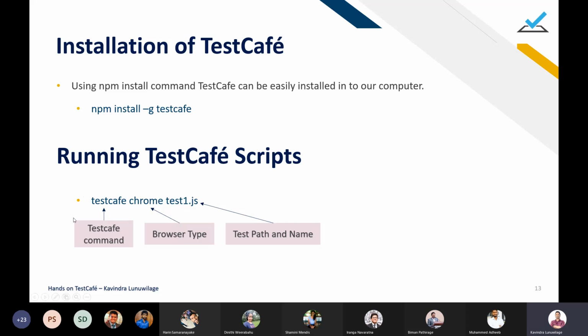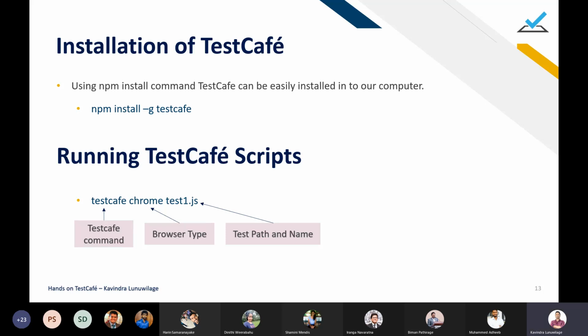Here I have used Chrome. You can use IE for Internet Explorer, Edge for Microsoft Edge, and then you have to give the test path and the file name. Here I have just given the file name. Once you give this and press enter, you can run TestCafe scripts in your setup.